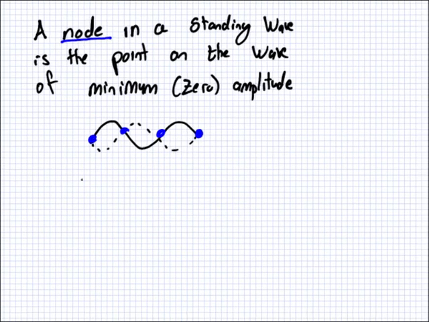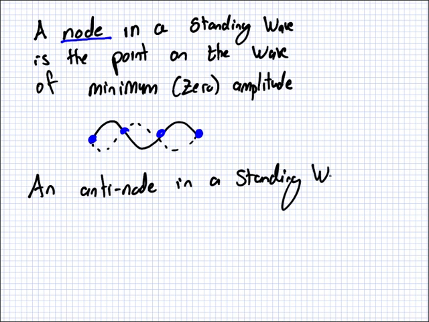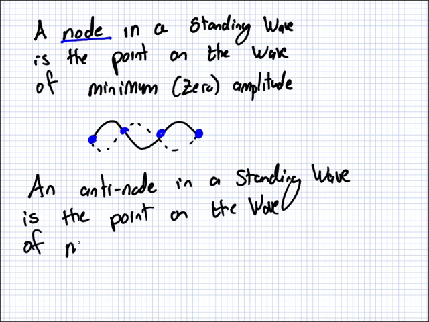Antinode. An antinode in a standing wave is the point on the wave of maximum amplitude.